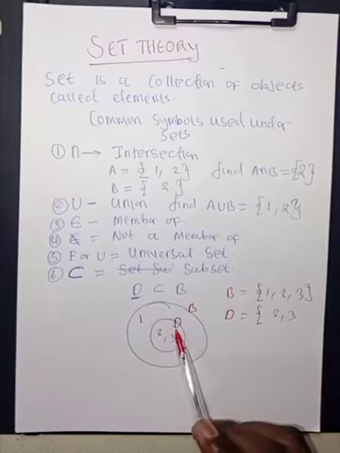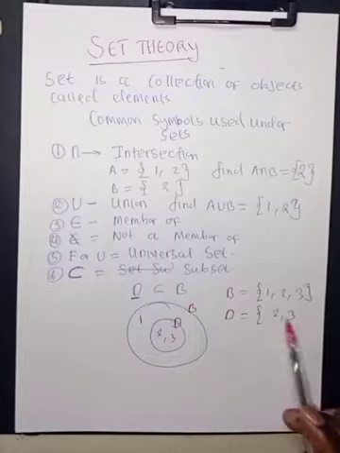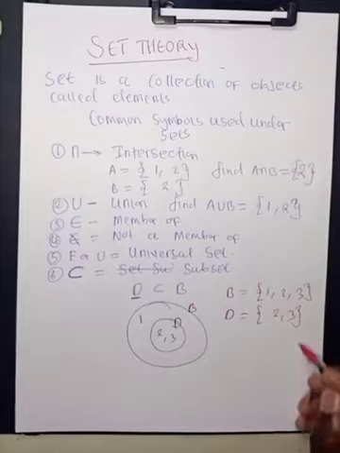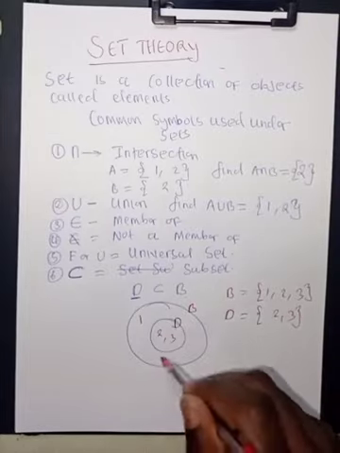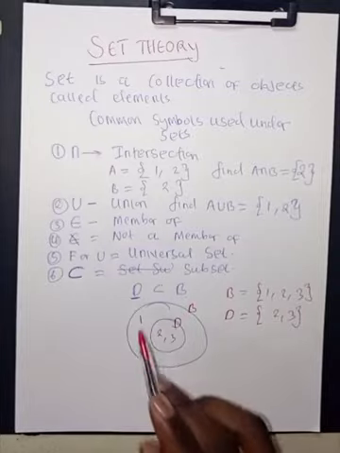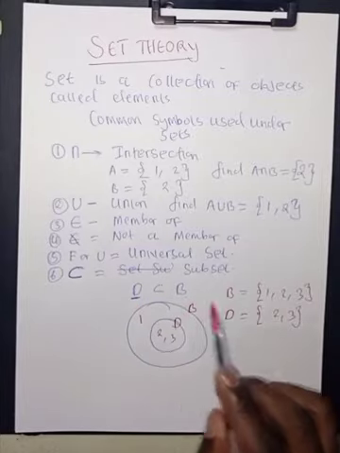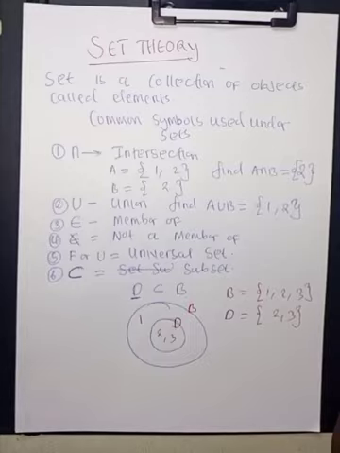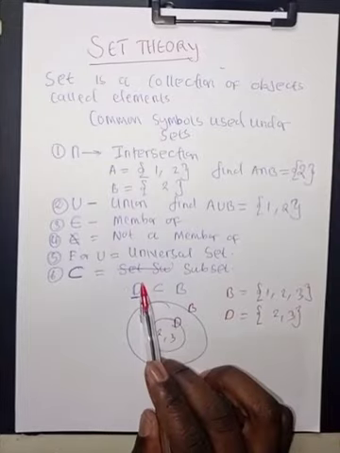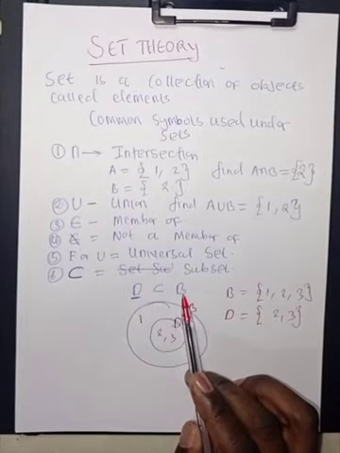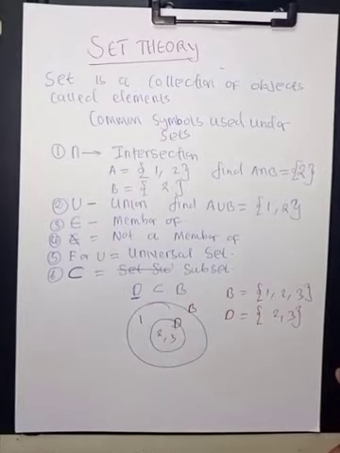And then our set D, I've got 2 and 3. Meaning that set D is within set B. So we can say that D is a subset of B. So always the first letter mentioned is a minor set. The second letter is a major set, or the one outside, covering the other one.